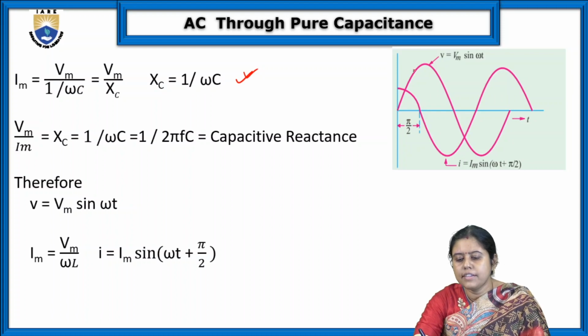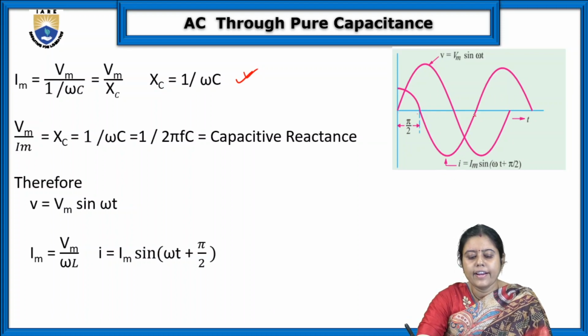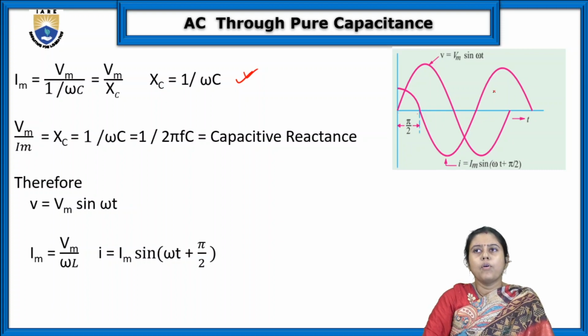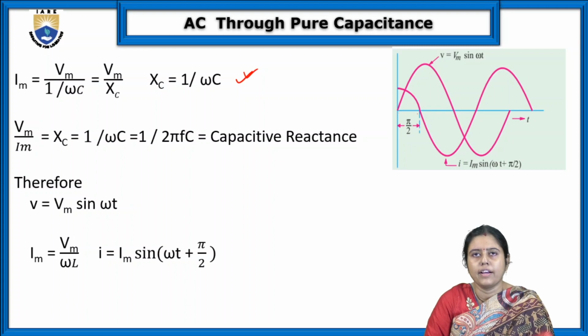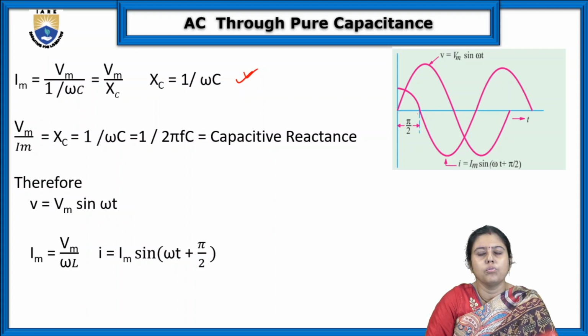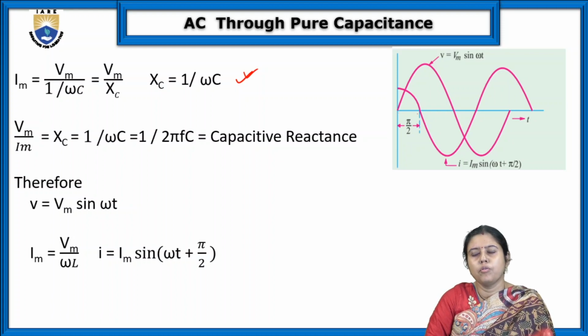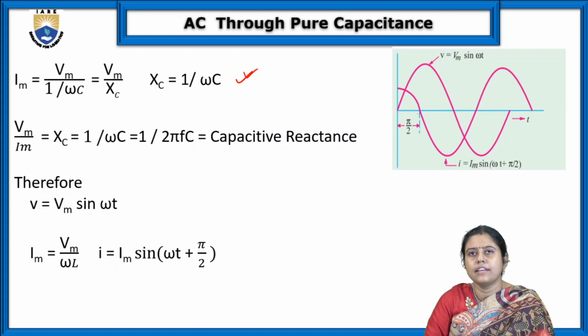So you can see the current is leading the voltage by 90 degrees. Now Vm by Im is equal to XC. XC is equal to 1 by omega C and equals 1 by 2 pi fC. What is omega? Omega is nothing but 2 pi f.